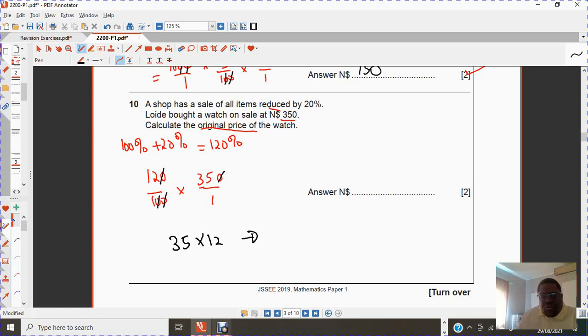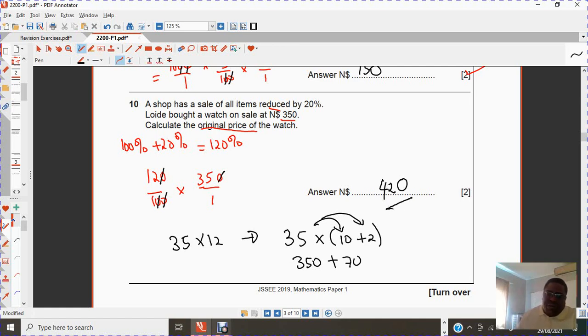So I just want to show you how you multiply 35 times 12. You can have 12 as 10 times 2. And you know that that is 350. And you have got 35 times 2 is 70. And now you simply add that together. So when you add that, you get 420. That was the original price.